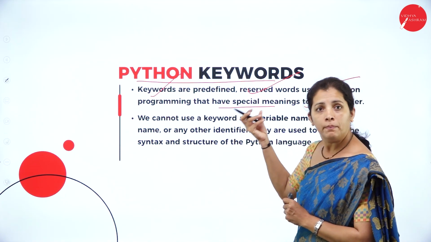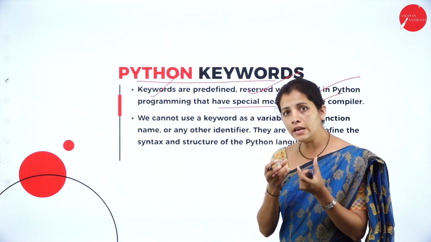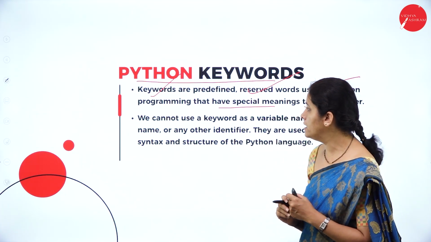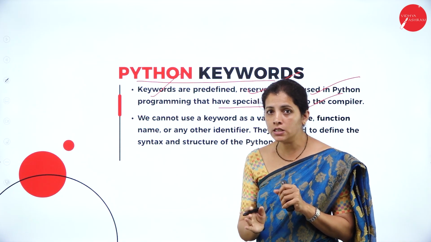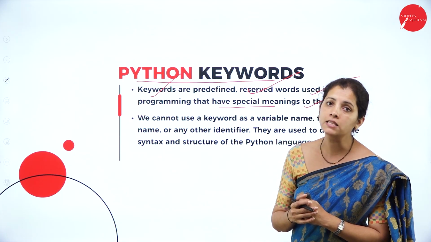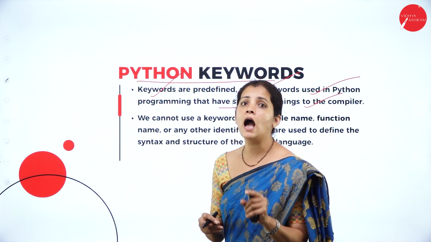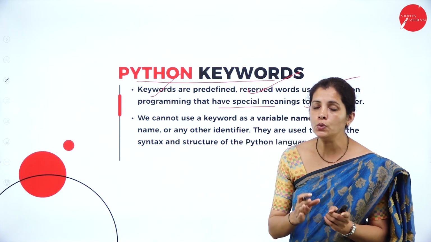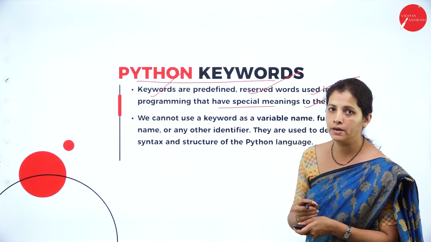So here keywords are predefined reserved words used in Python programming that have special meaning to the compiler. Keywords are nothing but reserved words and the meaning of those words is already known to the compiler. And we cannot use the keywords to define variables as well as identifiers, because each word has its own meaning. So we cannot use a keyword as an identifier or variable.